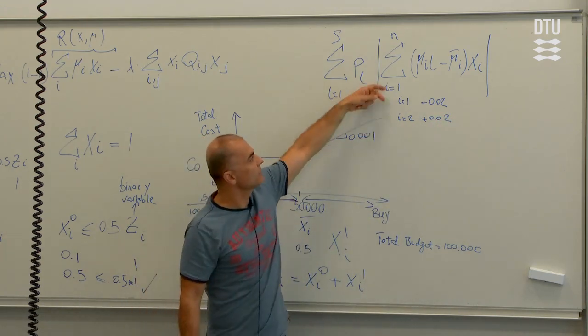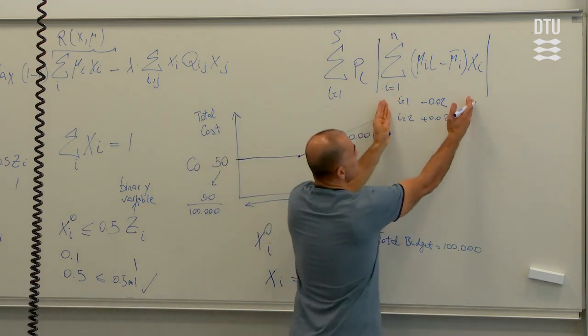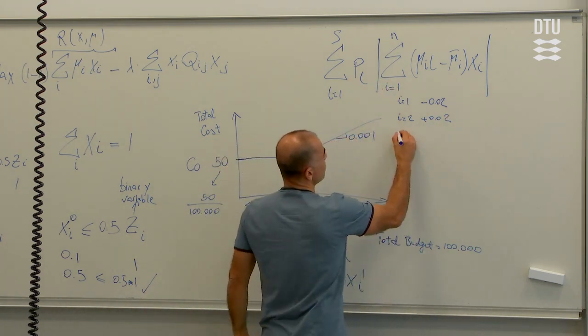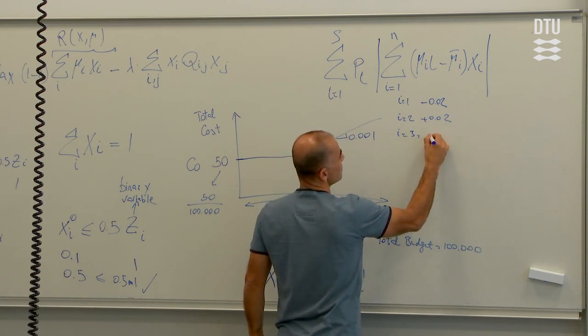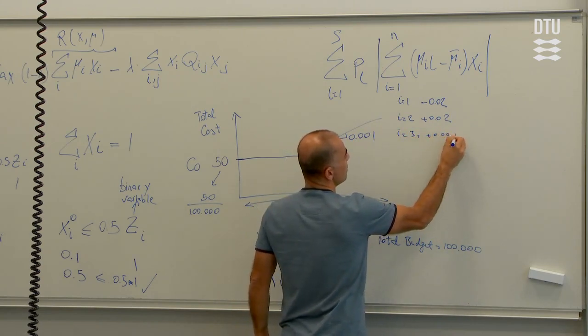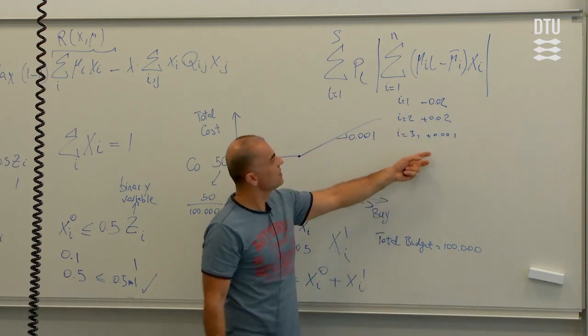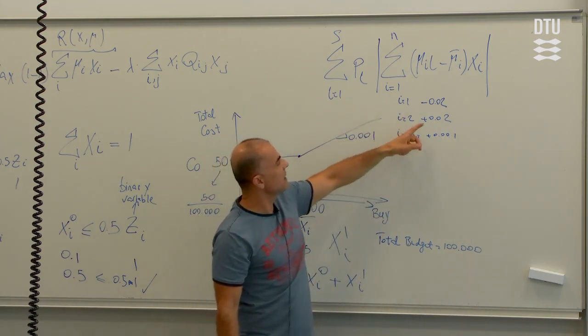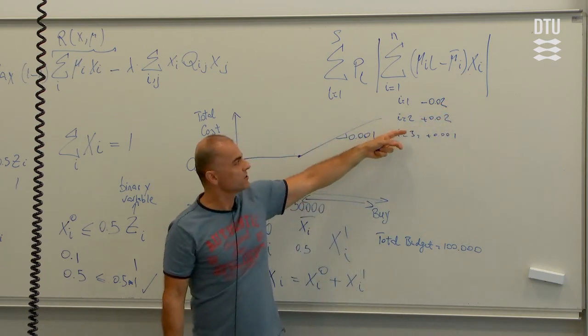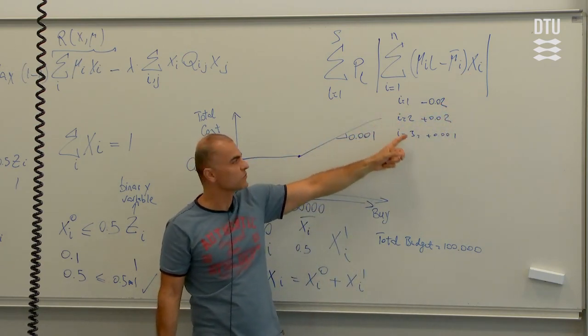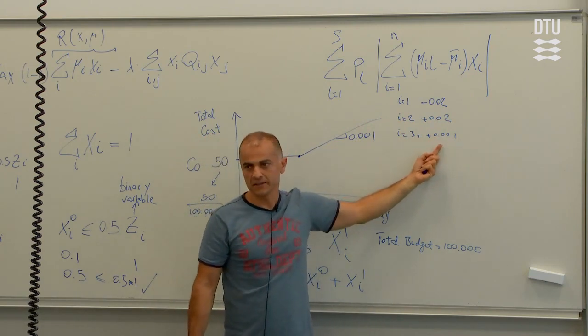I'm summing over all the i's inside the sign, right? And then for i equal 3, let's say this is plus 0.001, and that would be the contribution of these three. Let's say my portfolio is a combination of assets 1, 2, and 3, so the contribution to the risk term from those would be this little number, right?